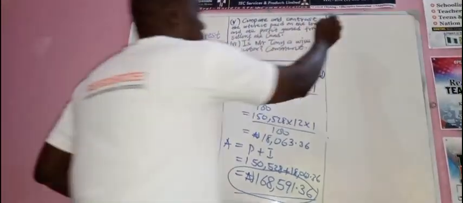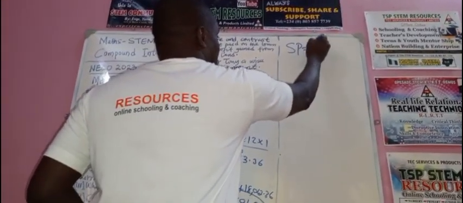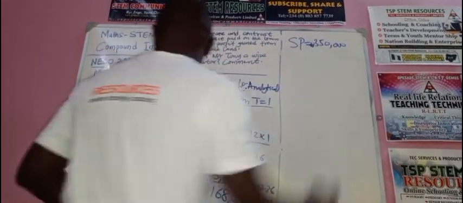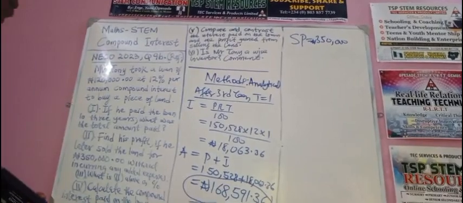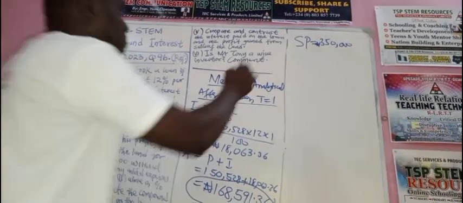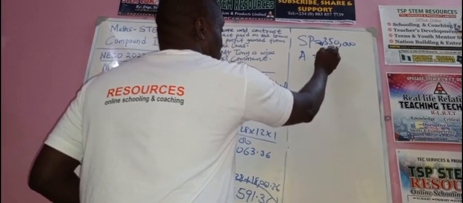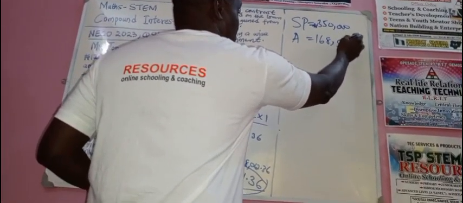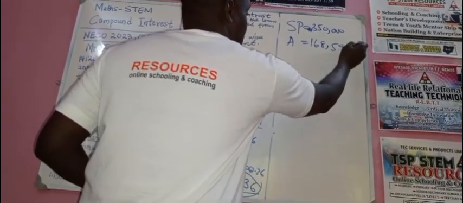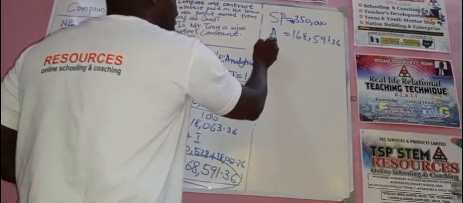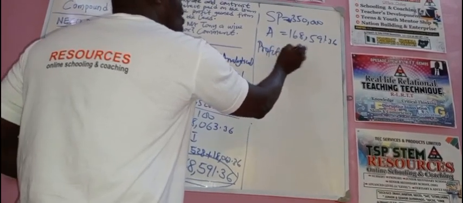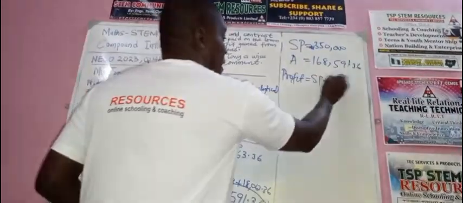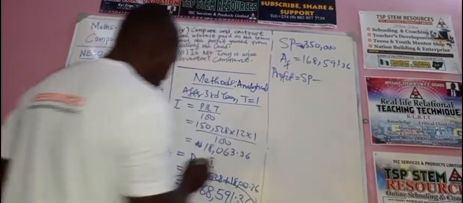The selling price, SP, is 350,000 naira. Do you see that? And the amount paid for the loan with the interest compounded is 168,591.36. So the profit would be the selling price of the land minus this final amount, AF, the final amount.